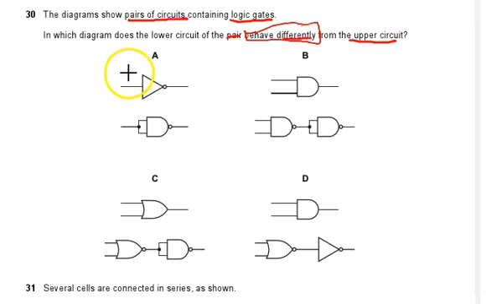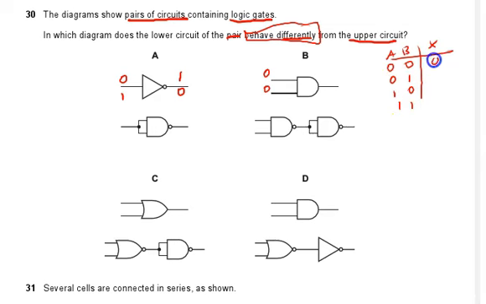So it should be here, this is a NOT gate, this is 0, 1 or 1, 0. This is an AND gate. This is the AND gate's truth table. A, B are the inputs: 0, 0, 0, 1, 1, 0, 1, 1. So your output here will be 0, 0, 0, 1. This is for the AND gate.